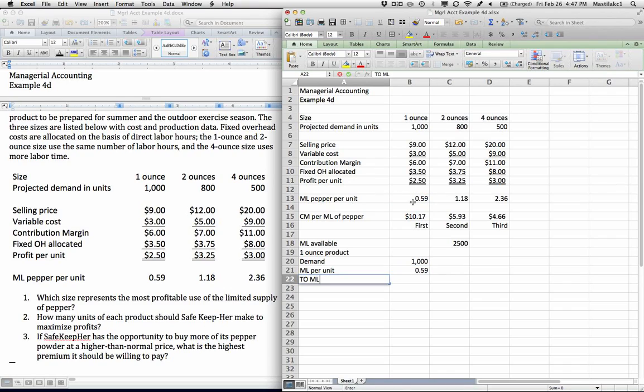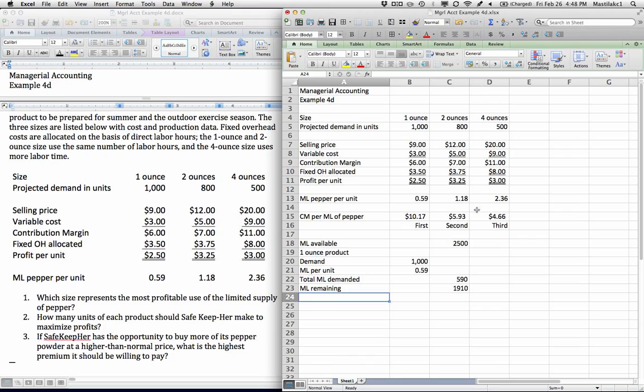So the total milliliters demanded would be 590 milliliters. So if we make all 1,000 units that we believe the market's willing to buy, then we're going to use the first 590 milliliters demanded, and then the milliliters remaining is going to be 1,910.